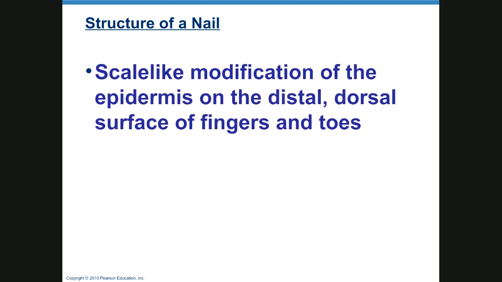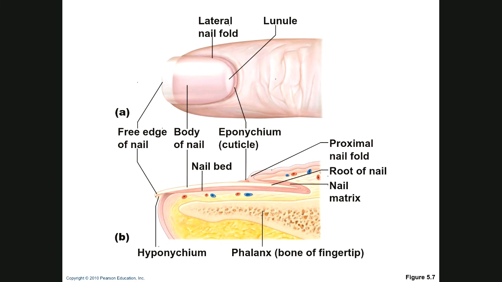Nails are, again, made of keratinized epithelial cells. The part of the nail that is actually live tissue is going to reside under the cuticle, and these little epithelial cells will begin to divide, and the older dead keratinized cells are the ones that protrude out as actual nails.